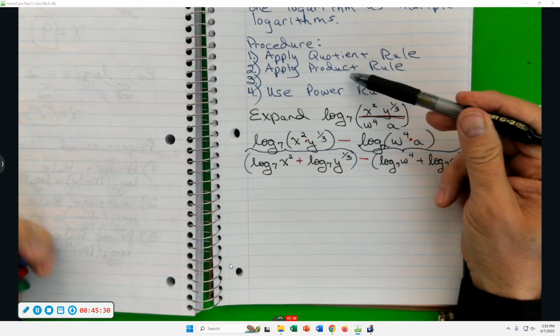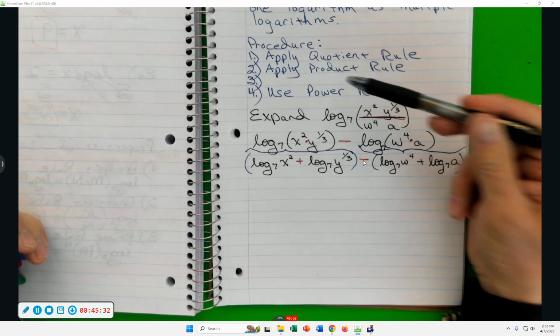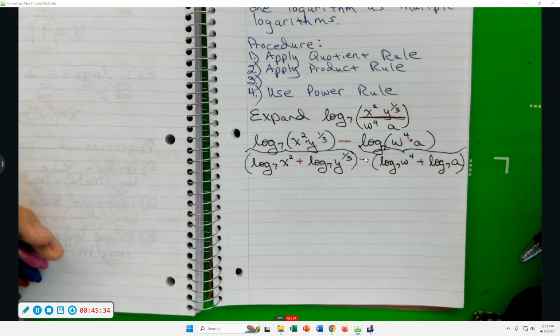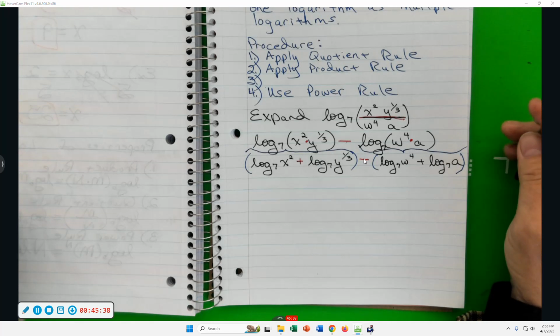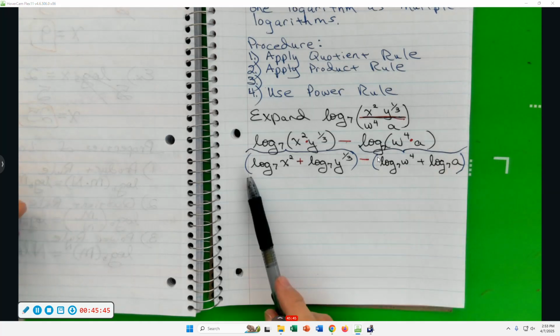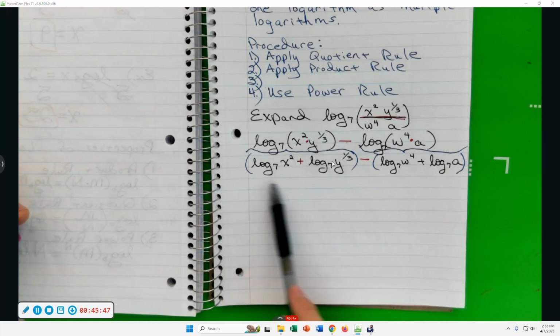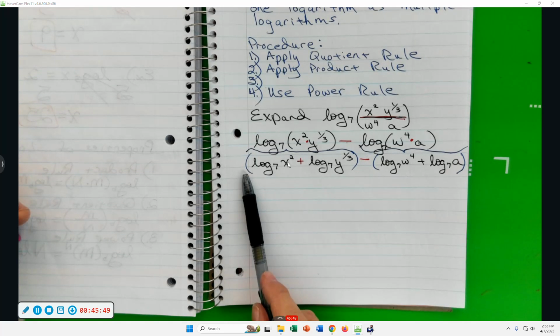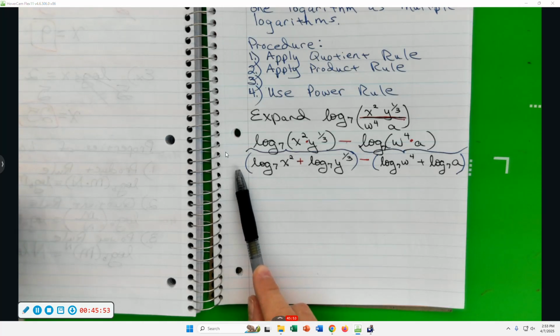There's some step right here, that third step, that we didn't write. And I said it didn't have anything to do with properties of logarithms. It's an algebraic property. What are we going to have to do? I'll get us started. This first set of parentheses, is there anything in front of it to distribute?